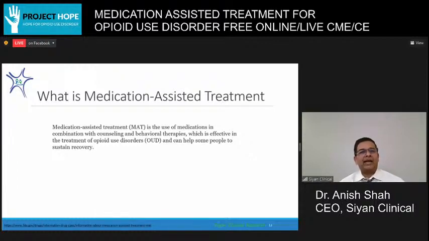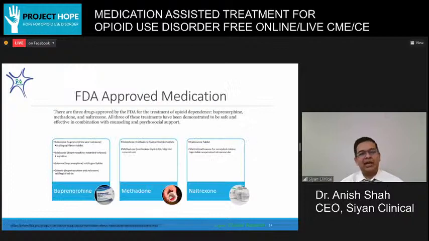Now, if you look at the medications, there are three major medications which have been approved for opiate use disorder. The first is obviously buprenorphine. Under buprenorphine, you have three major medications used for opiate dependence. One is Suboxone, which is buprenorphine and naloxone. It comes in sublingual film and tablet.